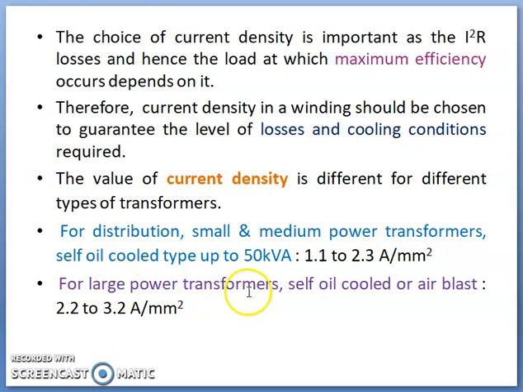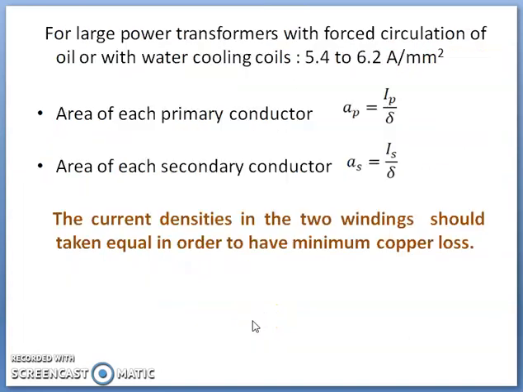And for large power transformers, self oil cooled or air blast, 2.2 to 3.2 ampere per mm square. Here, depending upon the type and rating of the transformer, the designer will choose an appropriate value of current density by seeing the cross-sectional area of the conductor and its maximum current handling capacity.